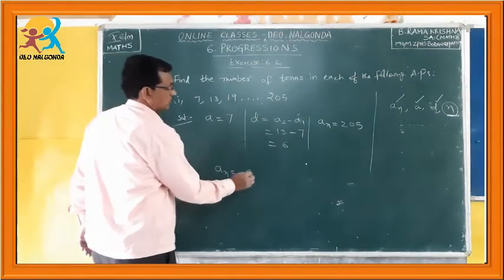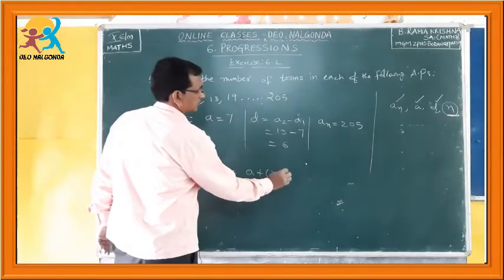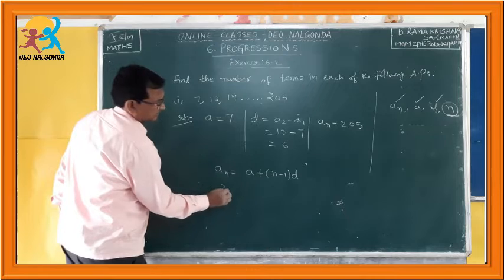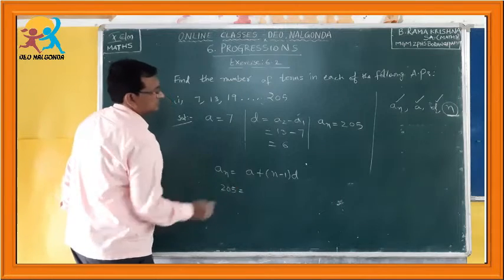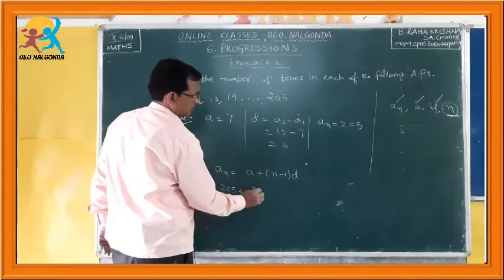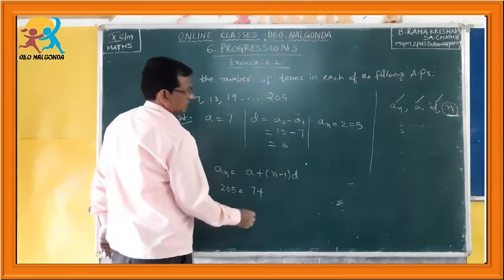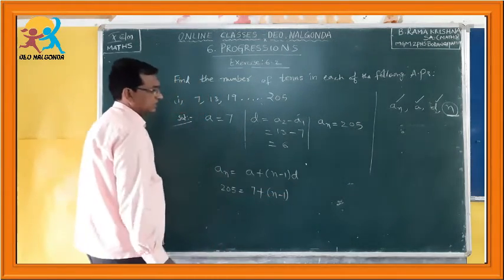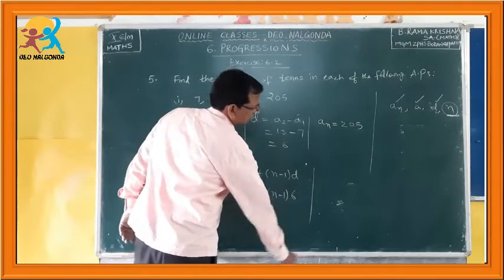an is equal to a plus n minus 1 into d. Substitute the values. an is 205, equal to a is 7, plus n minus 1. You don't know n, write it as it is, n. d is 6. Okay.